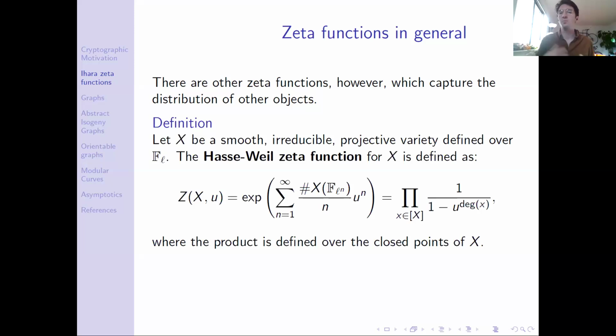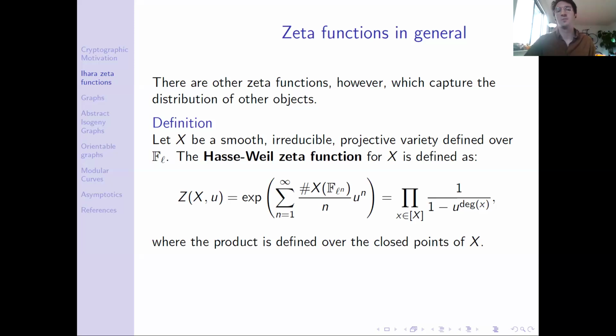So for example, one you might be familiar with, if you're more on the algebraic geometry side and interested in things like point counts over finite fields, is the Hasse-Weil zeta function of a variety. You can really ignore most of the adjectives in here. You can think of this as just taking X to be a projective variety, so a solution to some polynomial equations in projective space, could just be even an elliptic curve.